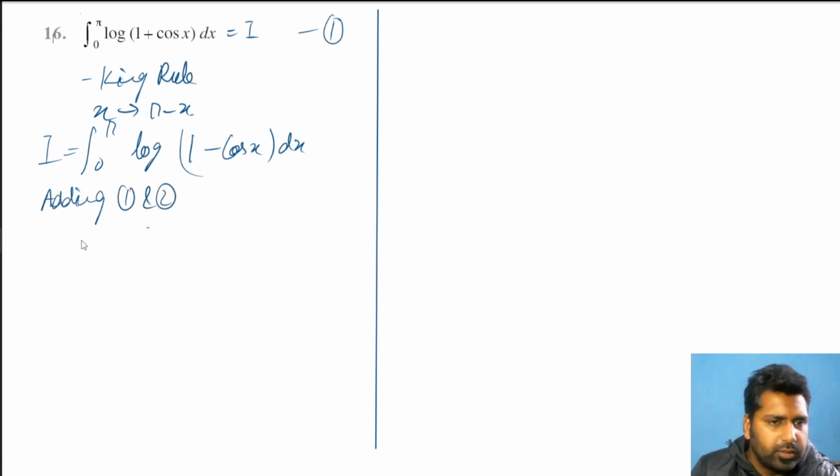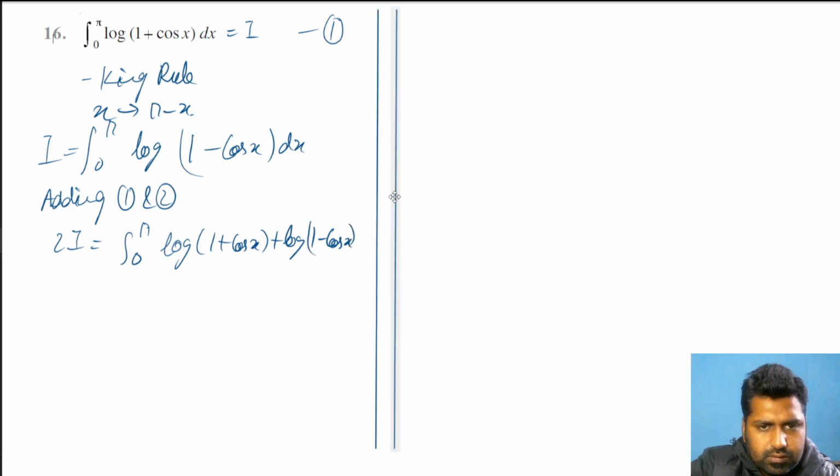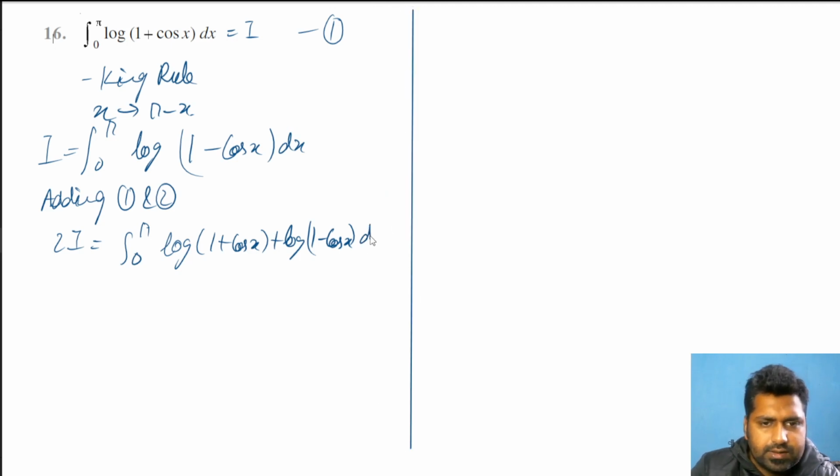So adding them, what do we get? 2I is equal to integration 0 to pi, log 1 plus cos x plus log 1 minus cos x, dx.